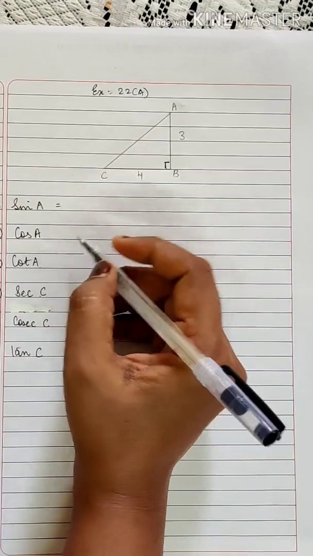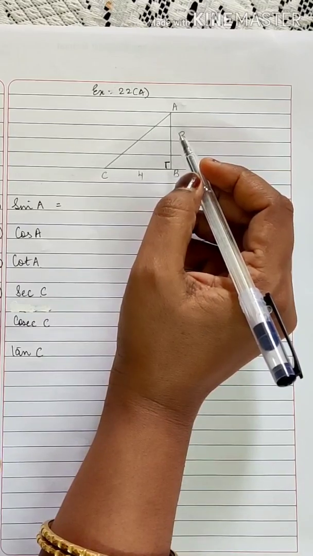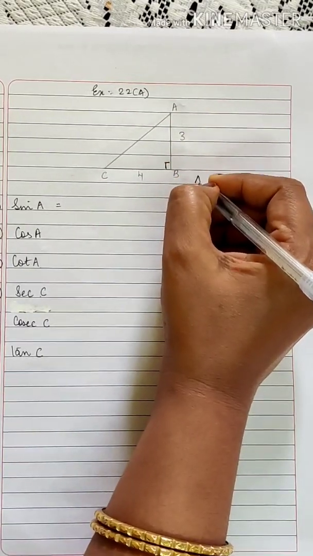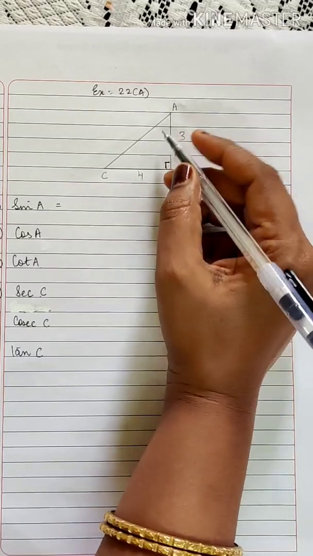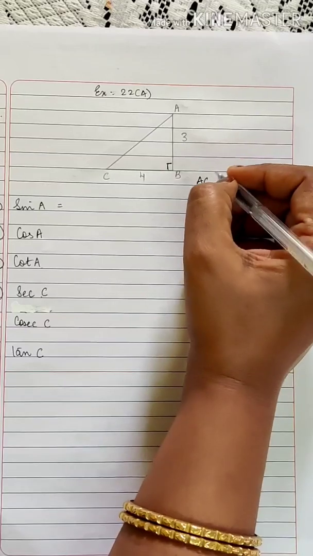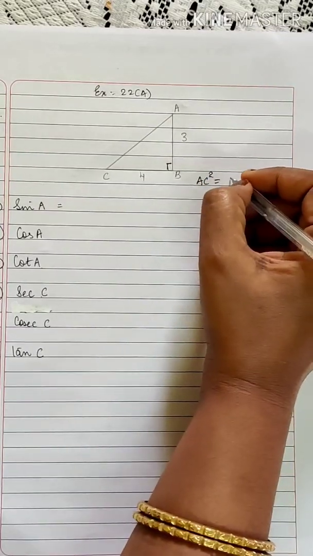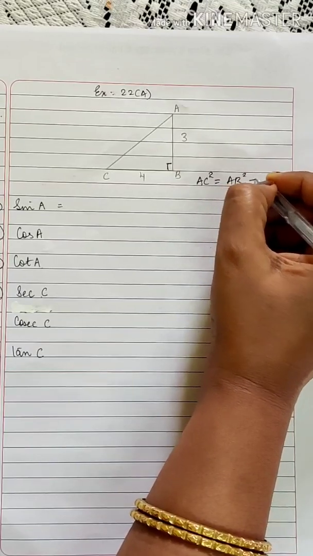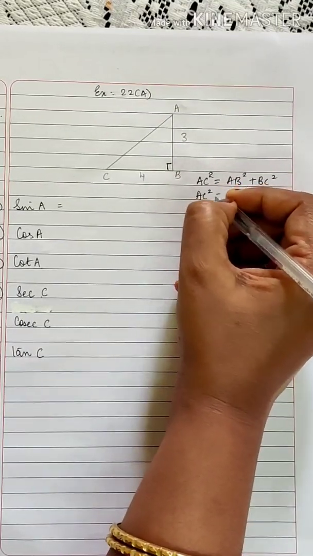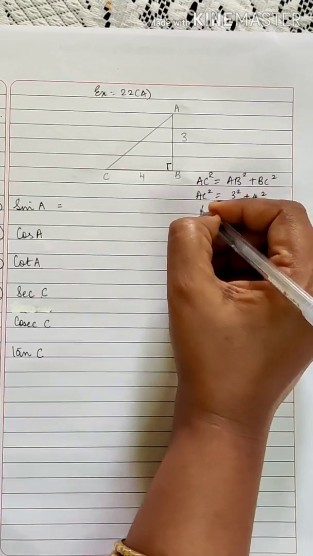Now before you find, you have to find the unknown side. First thing, you should know all the sides should be there. So we will find the unknown side, that is your AC. Now you know this is a right angle triangle. You can apply the Pythagoras theorem. So by Pythagoras theorem, AC square is equal to AB square plus BC square, or AC square is equal to 3 square plus 4 square.